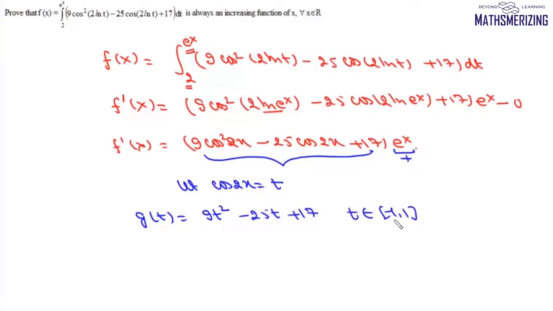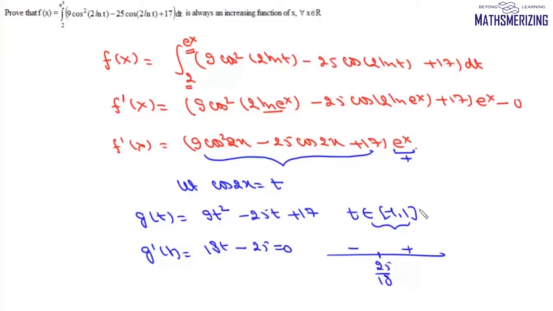So it is a quadratic expression, but its domain is bounded between -1 and +1. Now if we find g'(t), it will be 18t - 25, and if we put it equal to 0, we'll get this number as 25/18. Now the rightmost is plus and this is minus. Now in this interval between -1 and +1, we get a negative sign.